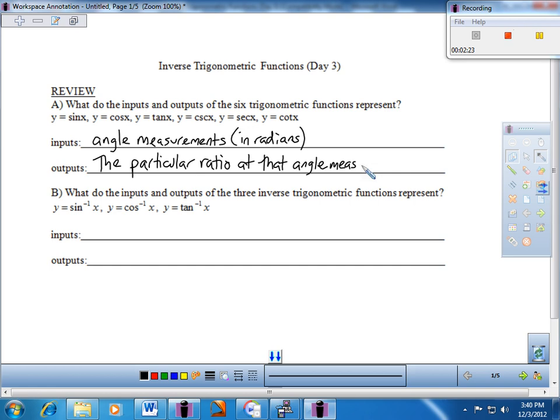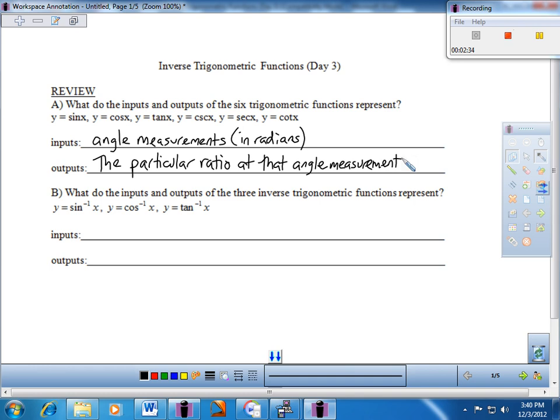To make a long story short, the inputs for these trig functions would be the angle measurements, and the outputs would be the ratios at that angle measurement. Okay, so inputs and outputs, everybody.